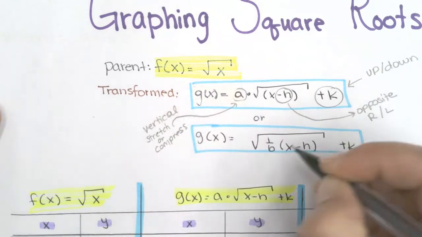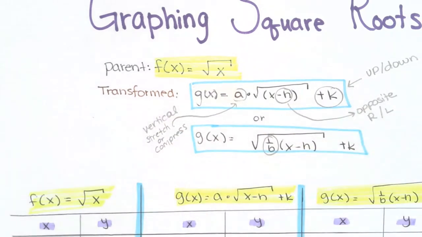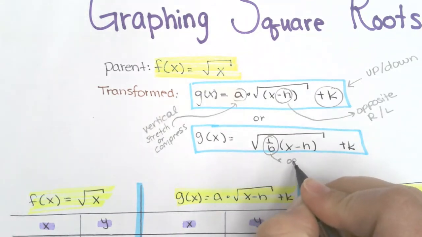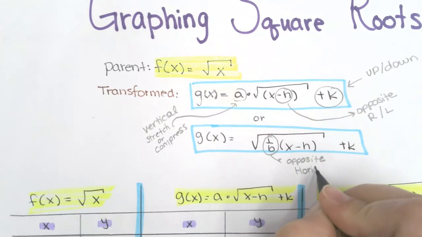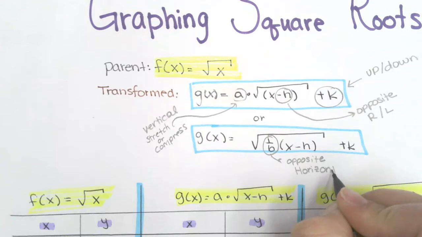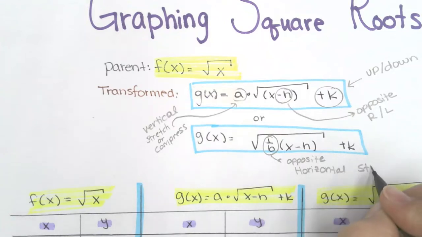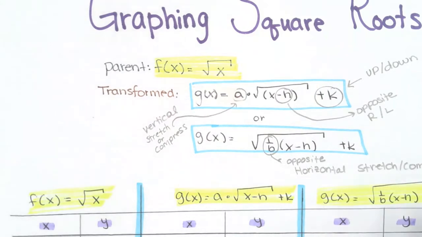And then your b value is, again, the opposite of what you see because it is inside the function, and that is your horizontal stretch or compression. So just like you've been used to all of your h's and k's and b's and a's, exactly the same thing, that doesn't change.